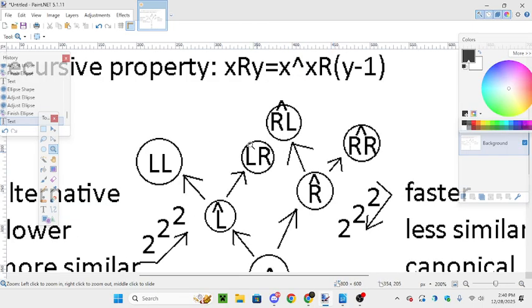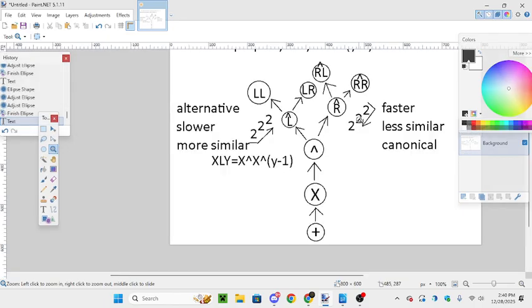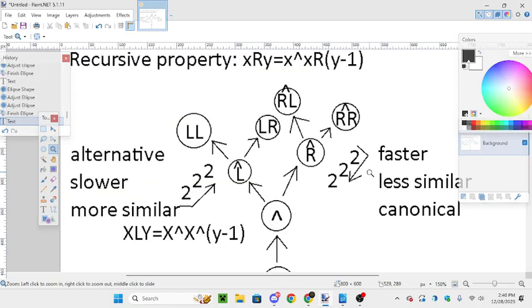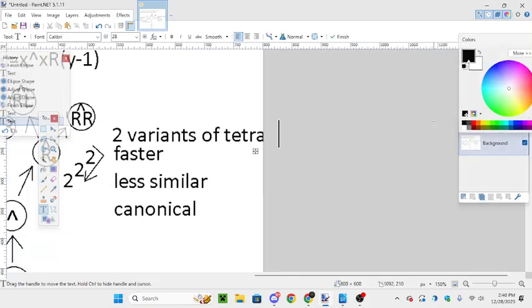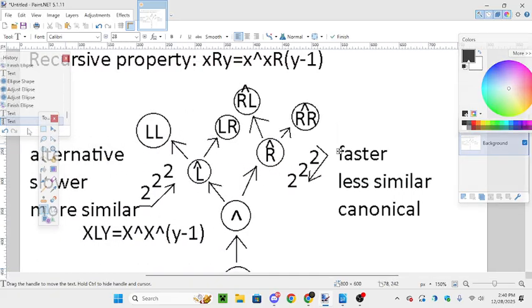And so whenever we are taking the tetration, there are two variants of tetration. But there are four variants of pentation, and all of these functions are unique.